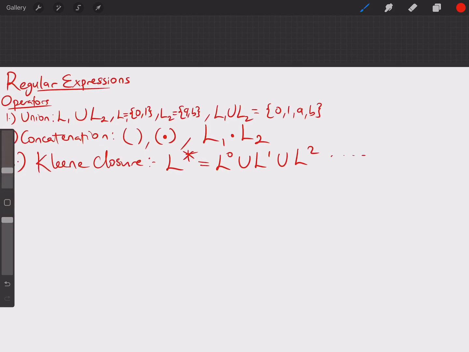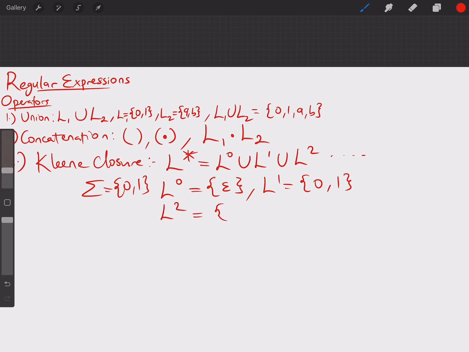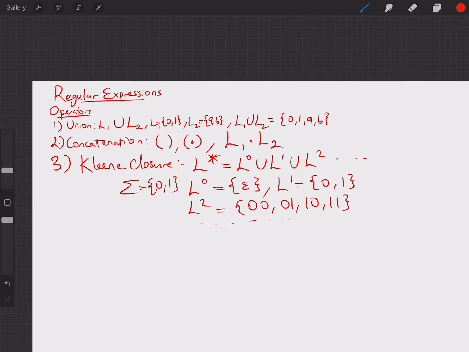Let's say we have a language over the alphabet 0 and 1. L to the power of 0 would be the empty string. L to the power of 1 would be the strings of length 1. L to the power of 2 will have strings of length 2, which will be 00, 01, 10, 11, and so on and so forth. This one can tend to infinity, and so there's not much need to list it all.